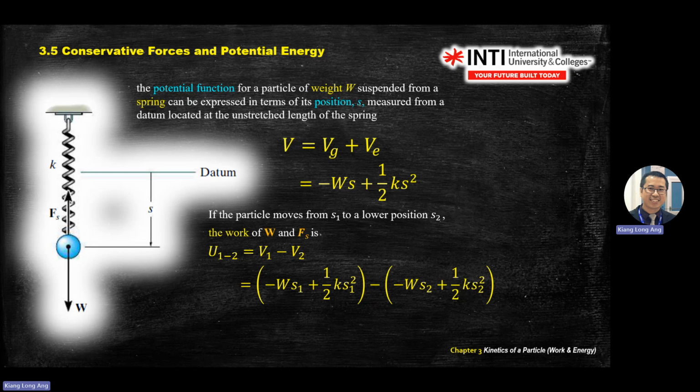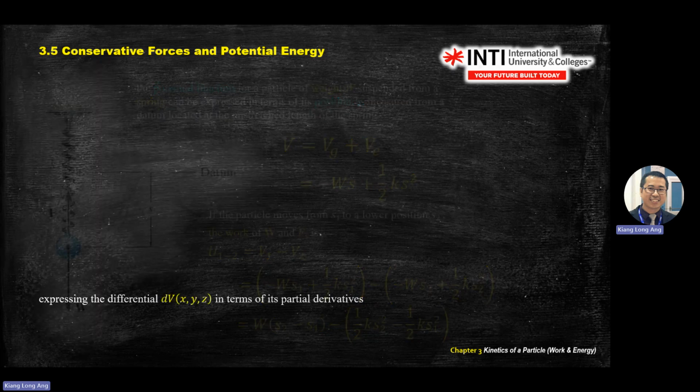In this case, you have a change of position and also spring force. So here mgh 1 and spring half Ks squared 1, minus the second position. You arrive at this. This one is just a derivation, and then you substitute the values accordingly.